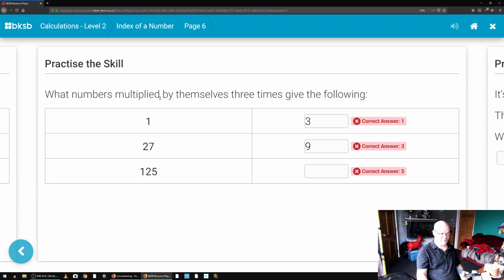So what numbers multiplied by themselves? So you put a number. So let's see if we can write that out. So you put a number 3 by themselves, 3 times 3 equals 9. 3 times 9 is 27.